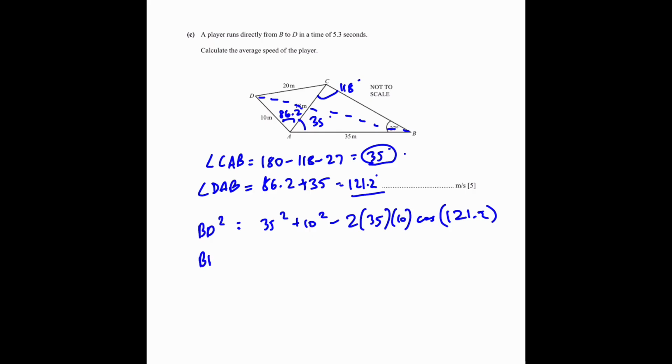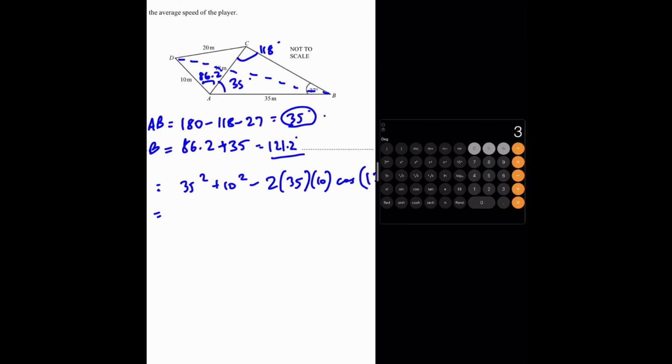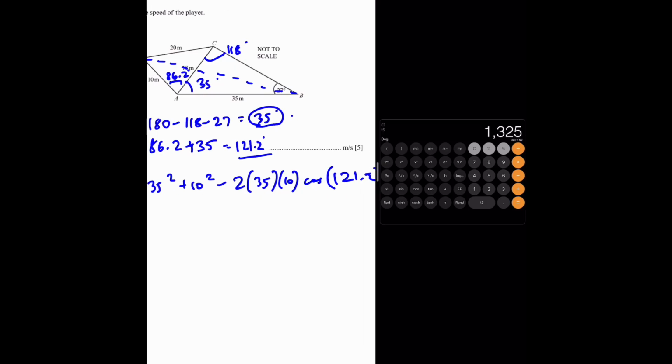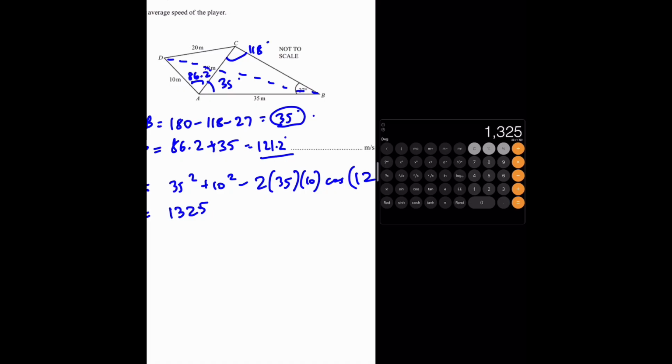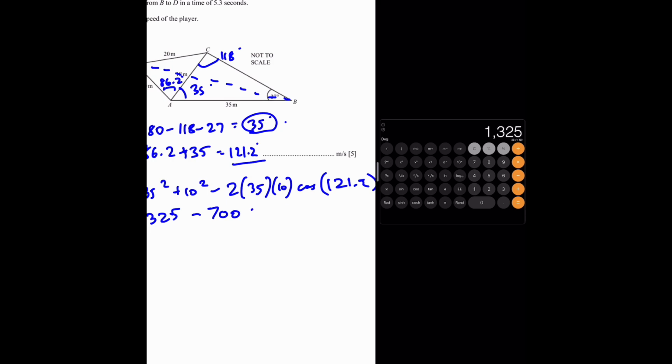And therefore, we can find BD squared using our calculator over here. So 35 squared plus 10 squared, which is 100, gives 1325. And then we have 2 times 35 times 10, so that'll be minus 700 times cosine of 121.2.